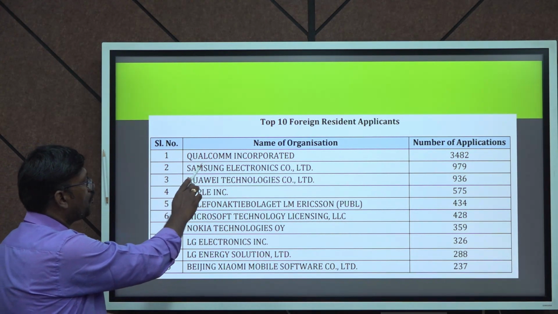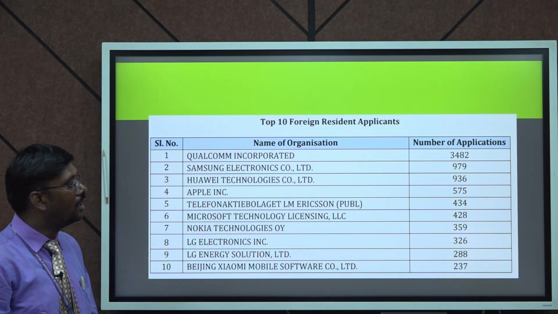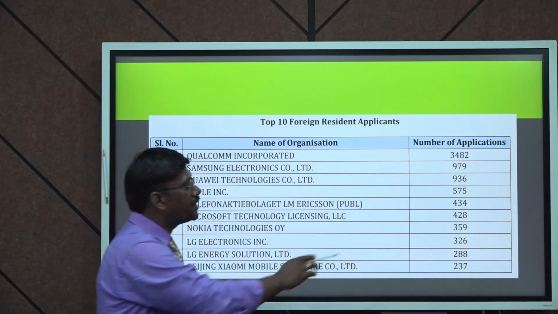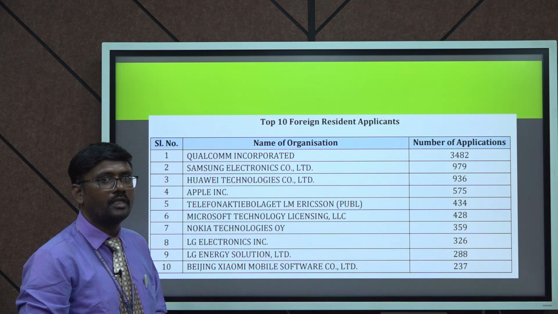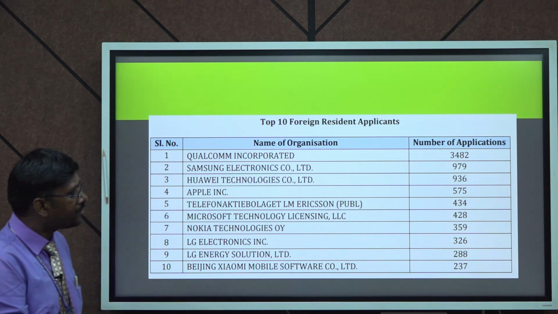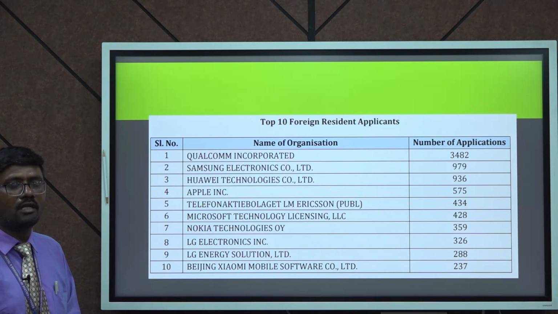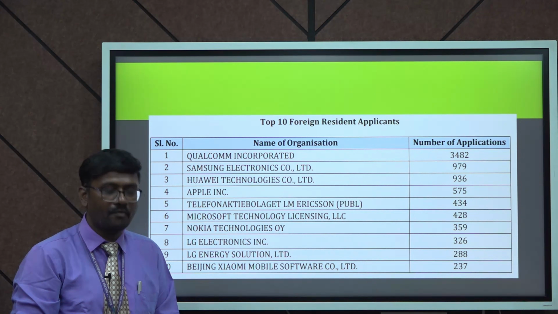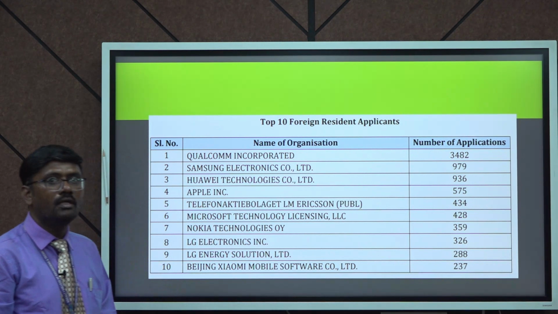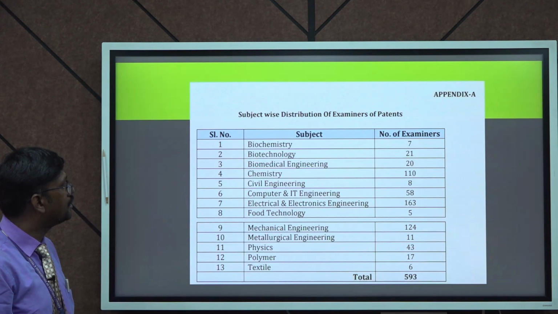Number 1 is Qualcomm Incorporated, a communications MNC company. They submitted around 3,482 applications in the last year, 22-23. And you could see there are so many communications companies filing patents in India. As I told you earlier, India is going to be a commercial hub at the global level. So, all the foreign companies are showing interest in filing patents in the Indian office.